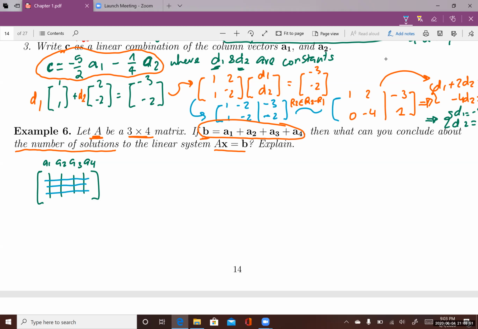And then we know one thing is B, so this is A. And you know a vector B is a linear combination of A1, A2, A3, A4. Okay, that means B is a linear combination of the 4 column vectors.